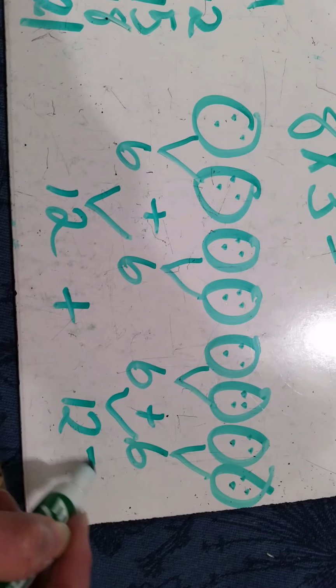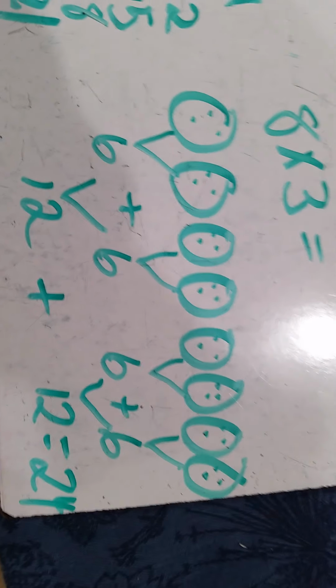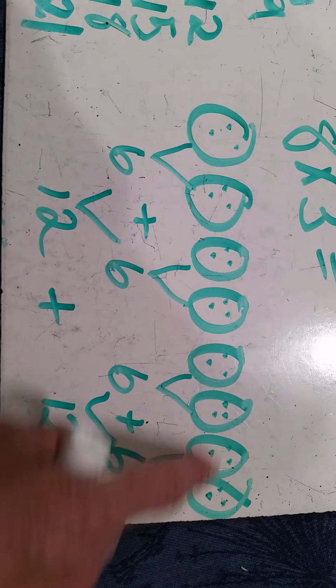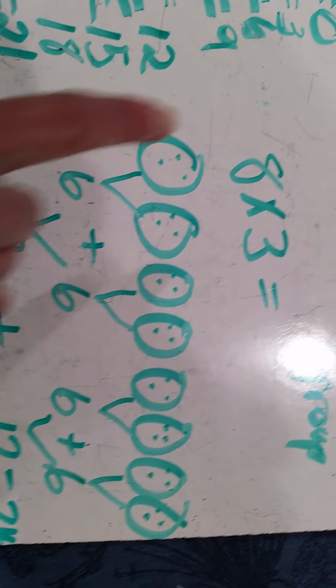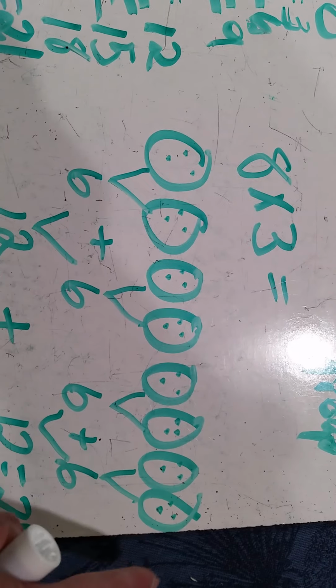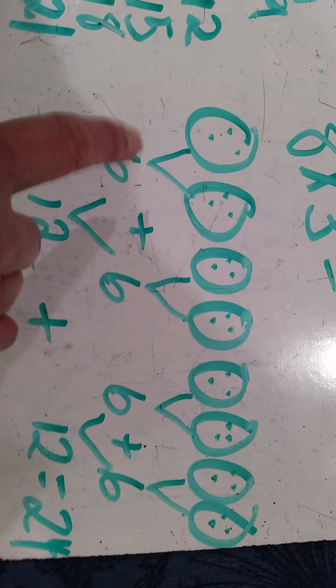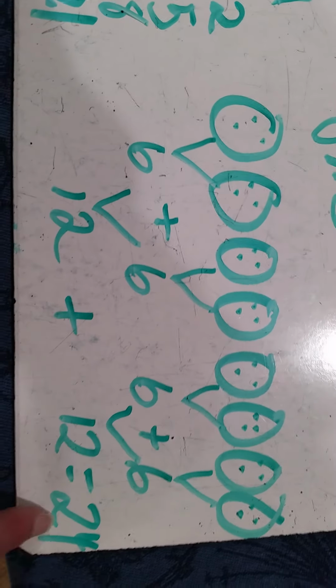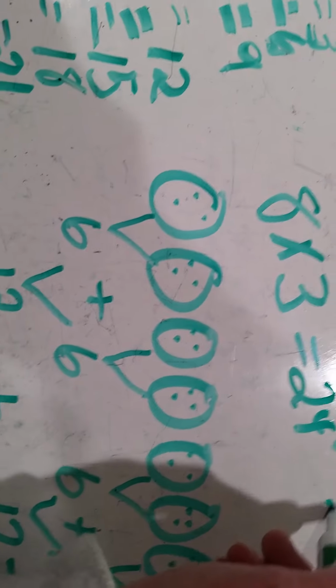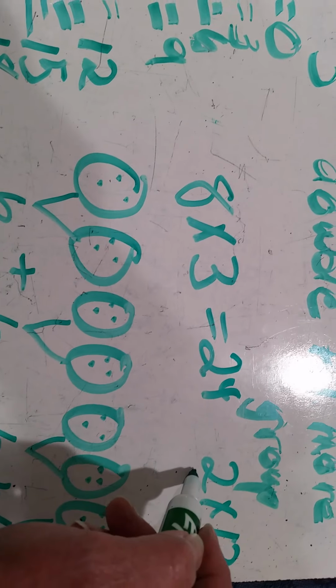And 12 plus 12 equals 24. So 8 groups of 3, 4 groups of 6, 2 groups of 12, all equal 24. So this equals 24. 2 times 12 equals 24.